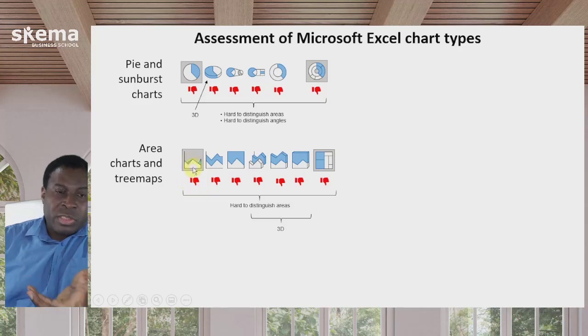In this first one, it's obvious white is much larger, or well, actually, these are superimposed, so it's not so obvious. Blue is not just blue. Blue is white plus blue. Here it's stacked. It's very hard to tell which is larger, white or blue. And then when you do 100%, it's worse. 3D just distorts the relative proportions in an even worse way.